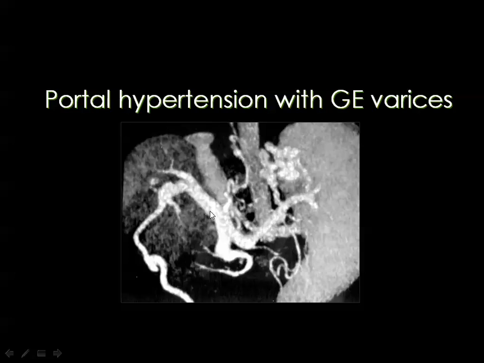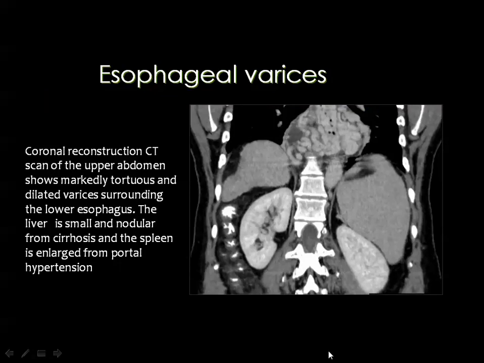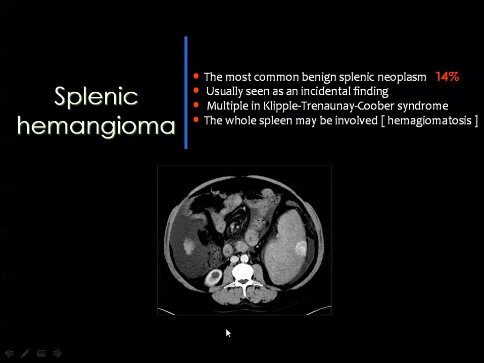You see the portal vein is slightly dilated, and there are some portosystemic collaterals at the gastroesophageal junction. And this is the coronal reformatted CT image at the thoraco-abdominal junction, and we see extensive dilated collateral venous channels at the gastroesophageal junction, representing a severe case of esophageal varices.